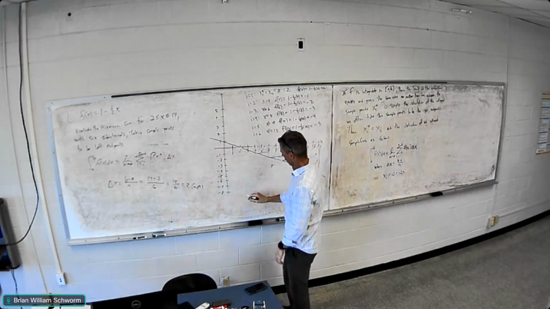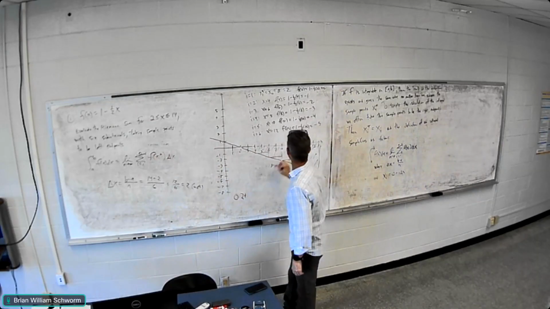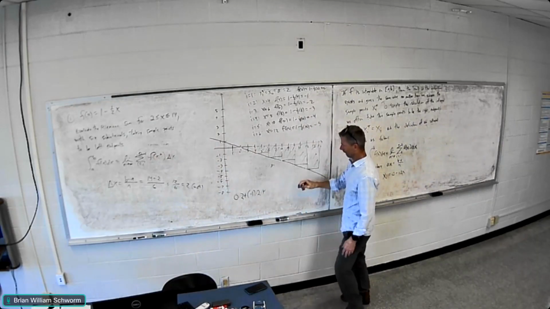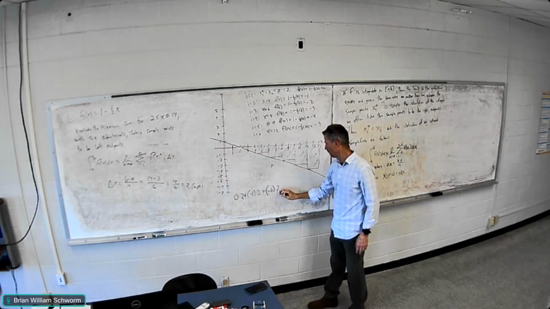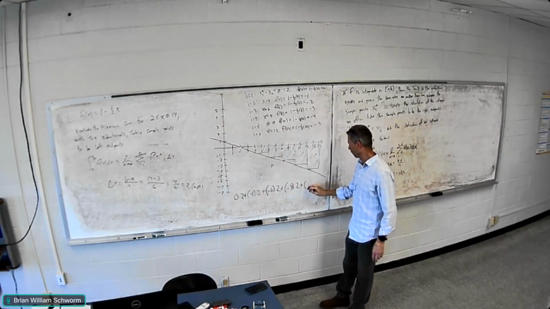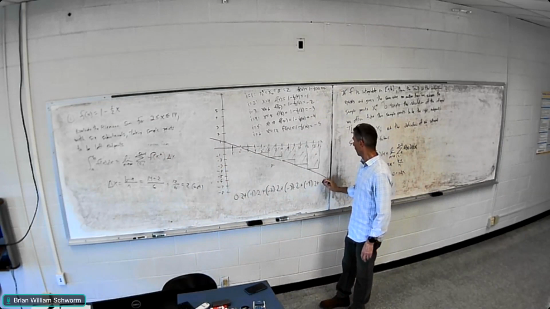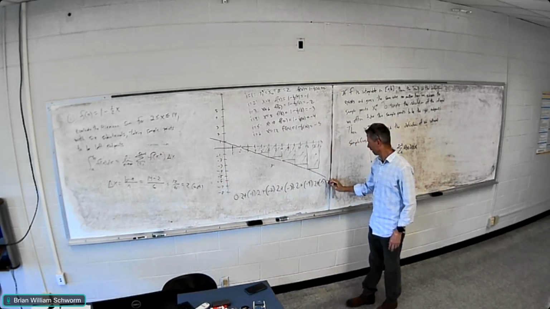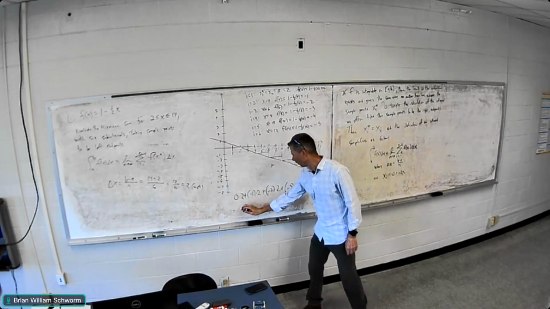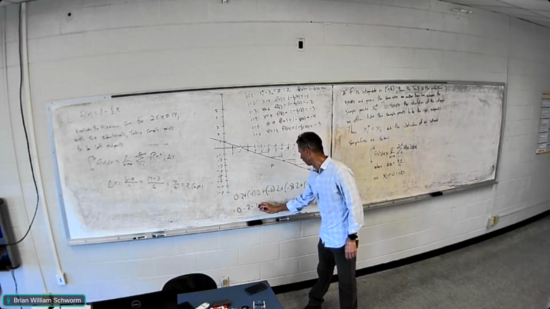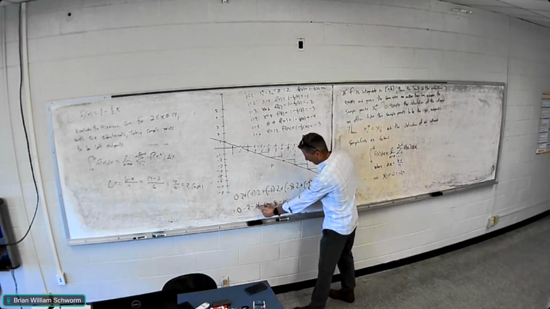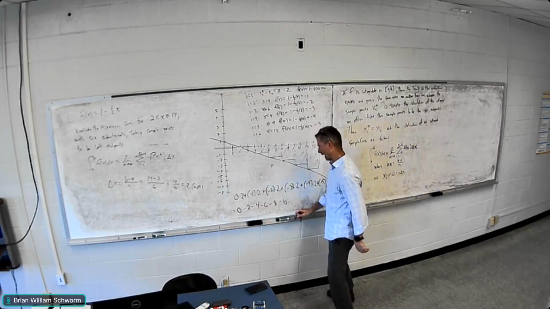So I got 0 times 2 plus -1 times 2 plus -2 times 2, -3 times 2, -4 times 2, -5 times 2, which is 0, -2, -4, -6, -8, -10, which adds up to -30.